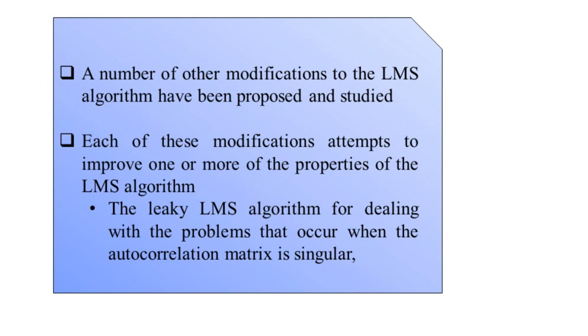First one is the Leaky LMS algorithm, for dealing with the problems that occur when the autocorrelation matrix is a singular matrix. Next, we have the block LMS algorithm and the sign algorithms for increasing the computational efficiency of the LMS algorithm.